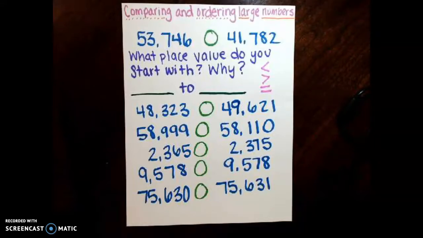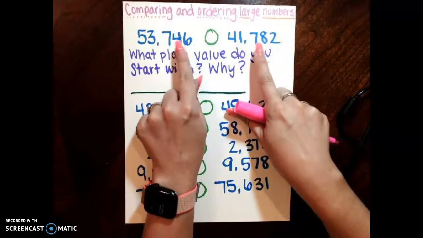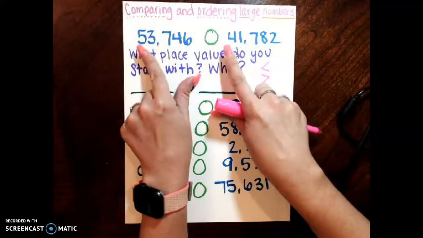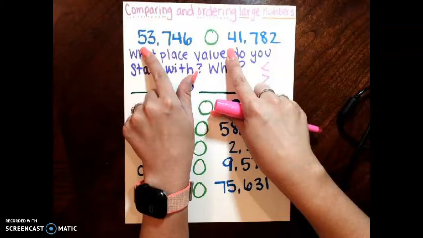Okay, so our first number is 53,746, and our second number is 41,782. So what place value do you start with and why? A lot of the time we want to start in the ones place because that's what we're taught with place value, to start at ones, tens, hundreds, thousands, and this would be 10,000s. But when we're ordering numbers and trying to find the larger number, we're actually going to start with the biggest place value.